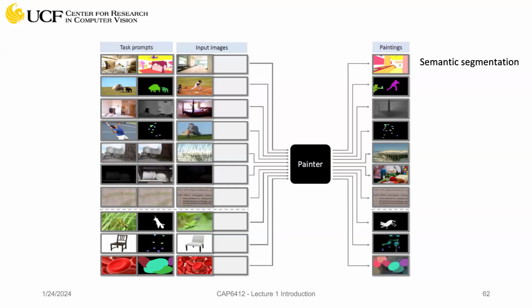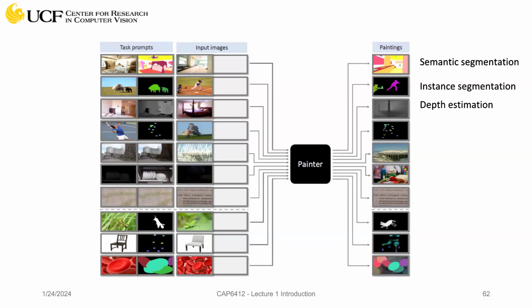These are the different tasks. This is semantic segmentation: the painter, this network, will give you the semantic segmentation of this image. Then this one is instance segmentation. It's like semantic segmentation, but because this animal appears twice, we need to separate them.